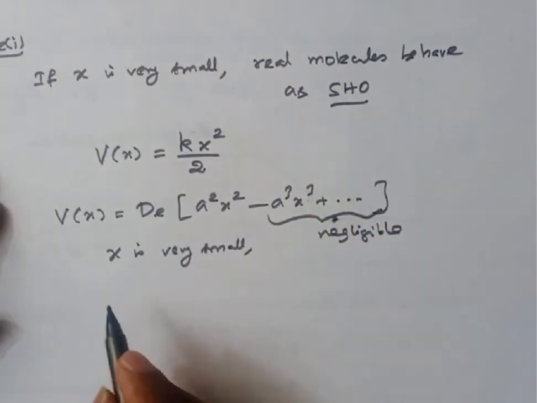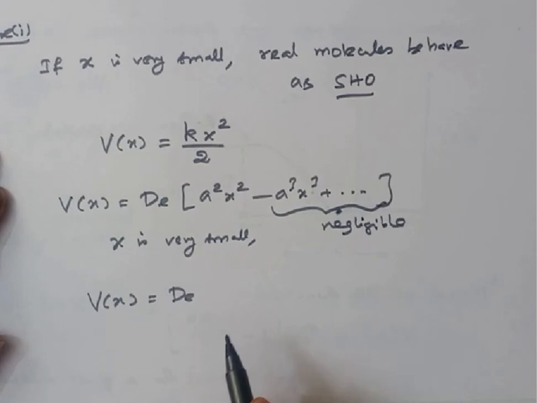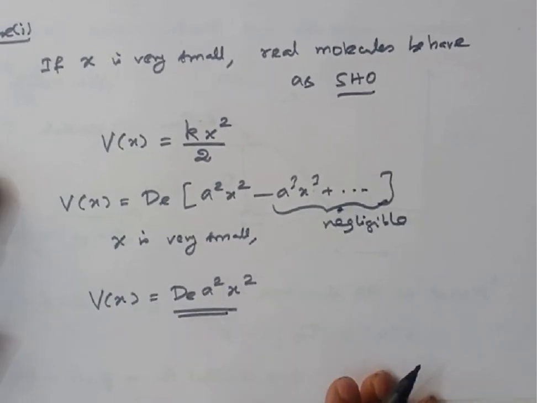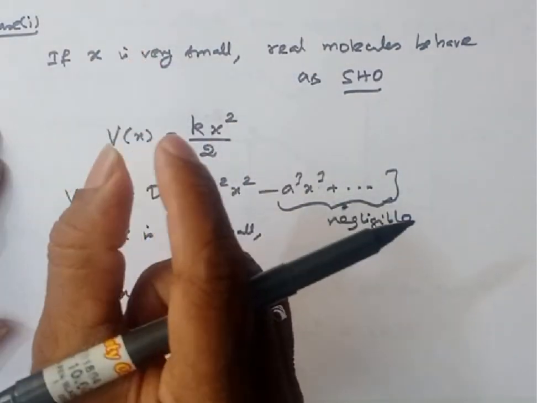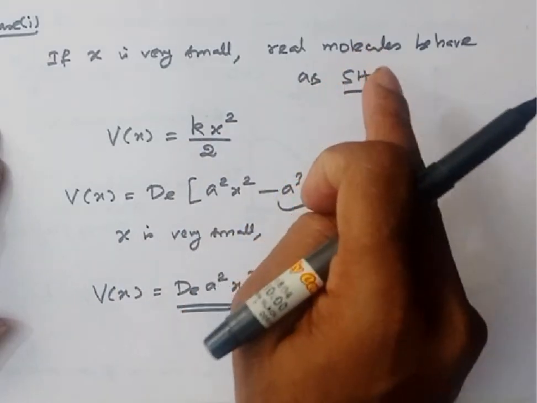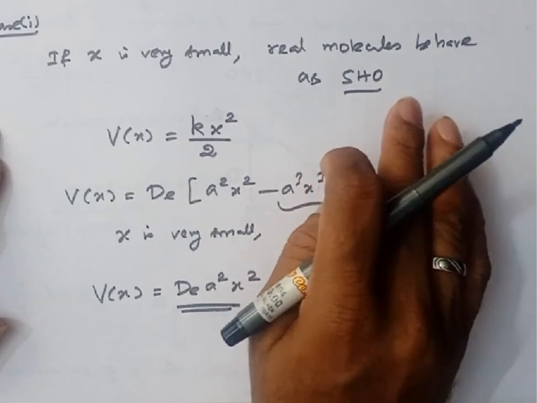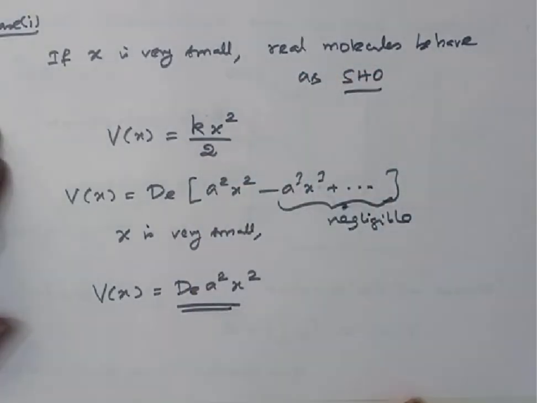If I neglect these, then potential energy equals equilibrium dissociation energy into a square x square. If the amplitude of vibration is very small, then the real molecule behaves like a simple harmonic oscillator. So the simple harmonic oscillation assumption is correct only for small amplitude of vibration.